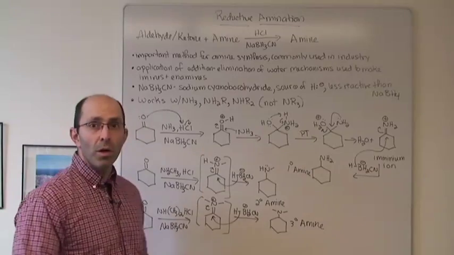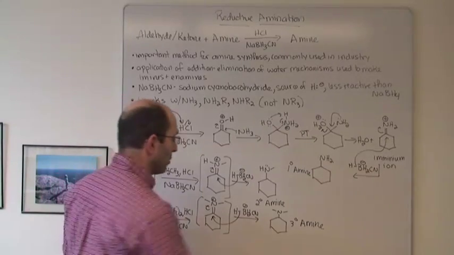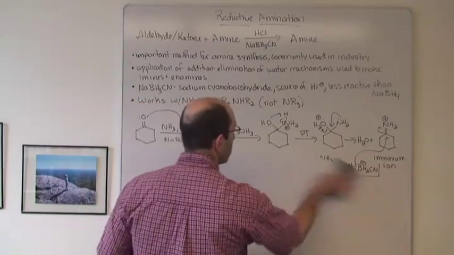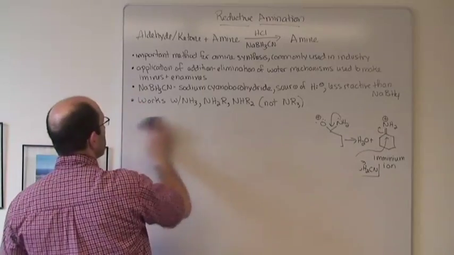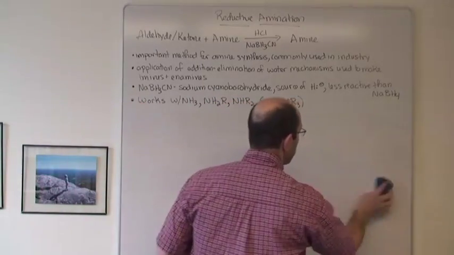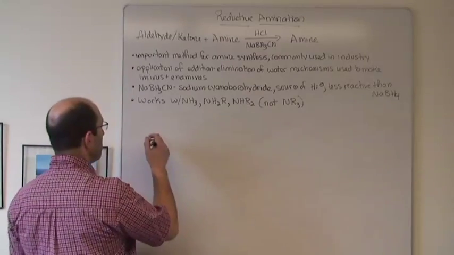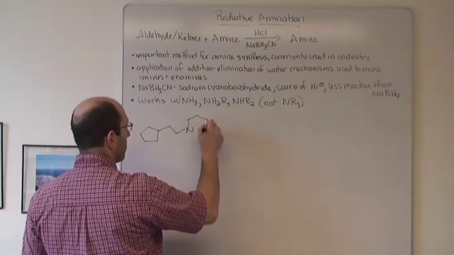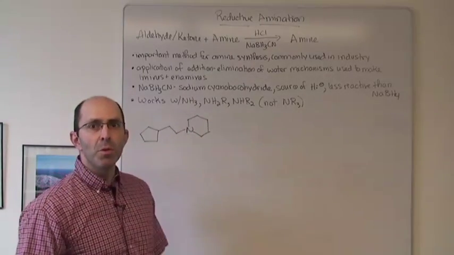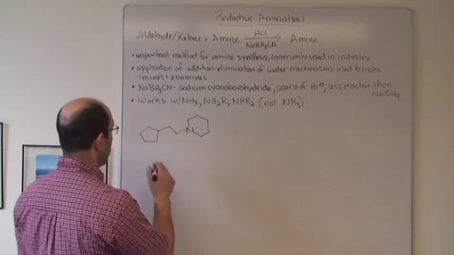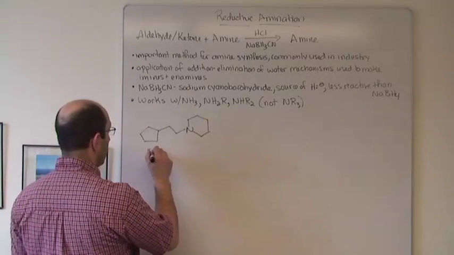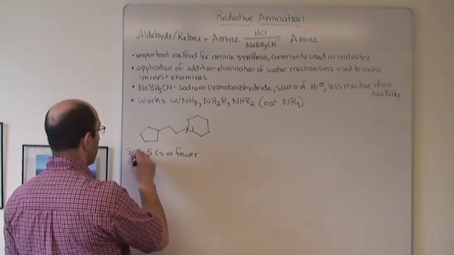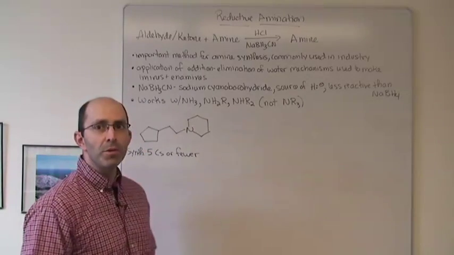So let's do a synthesis problem just to see the application of this. The synthesis problem that I want to do is the one from exam number 2. On exam number 2, this was our substrate, and the goal here was synthesis from 5 carbons or fewer.